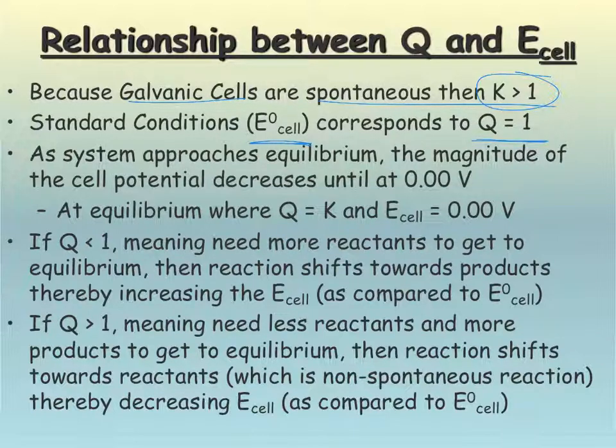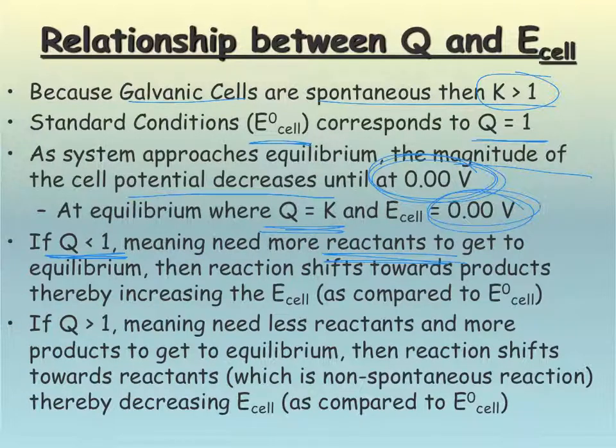As our system approaches equilibrium, the magnitude of our cell potential decreases until our cell is dead. That's when our Q is equal to K and our Ecell is now 0. Now, if Q is less than 1, it means you need a lot more products, so it's going to shift towards the products, which is going to increase your Ecell output as compared to standard.